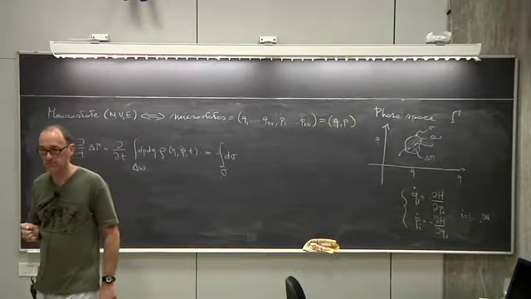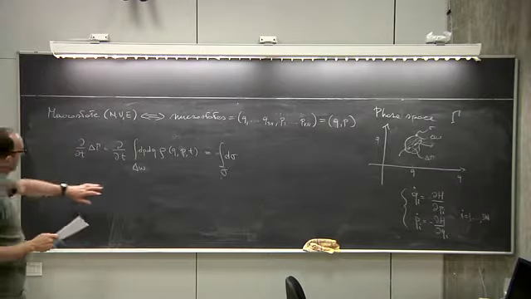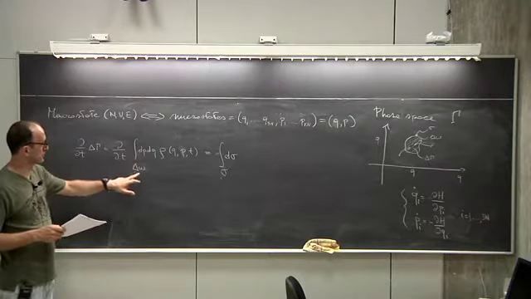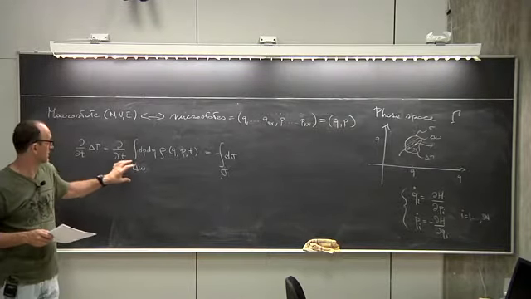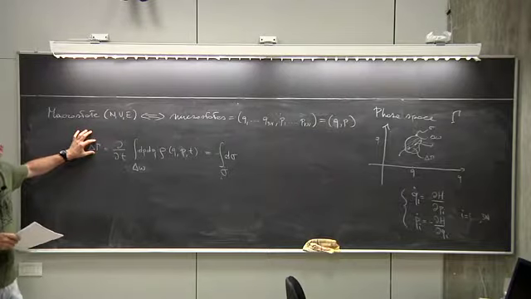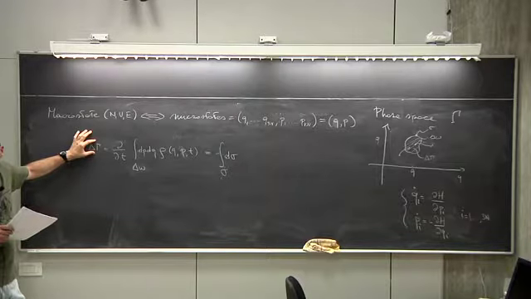Yep. Is it the rate of change of delta gamma or delta omega? So this is the volume, the region in phase space, and this is the fraction of points in this phase space of the ensemble, the fraction of systems.